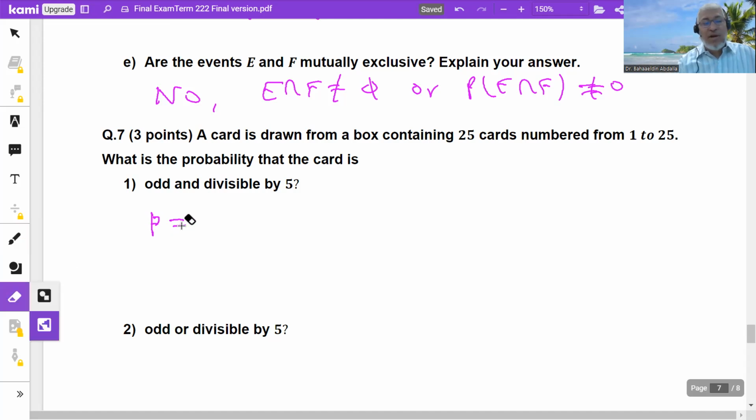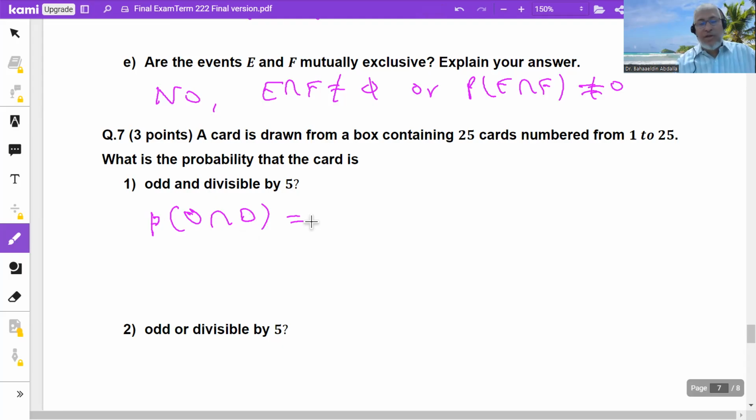We can call it odd, and means intersection, divisible by 5, you can call it D. So how many odd numbers? 1, 3, 5, 7, 9, up to 25. These are all odd. Which of them is divisible by 5?